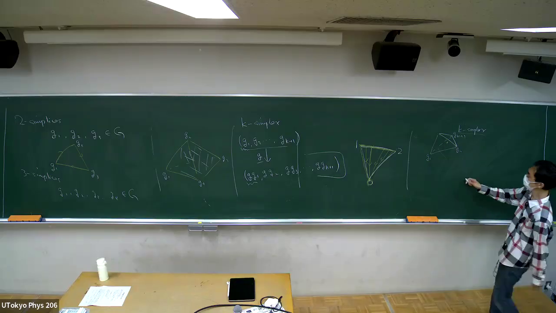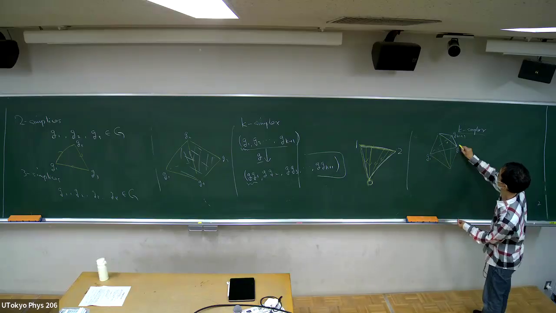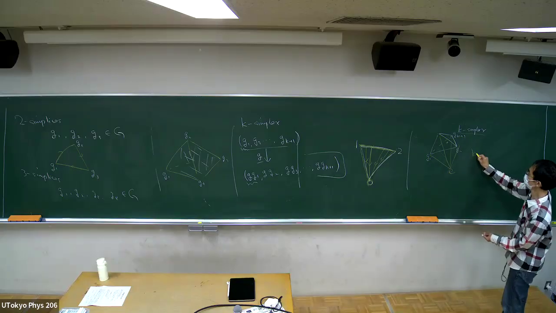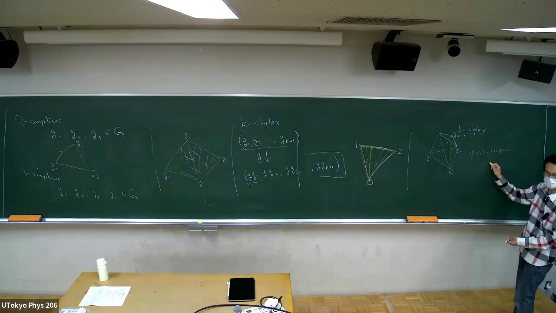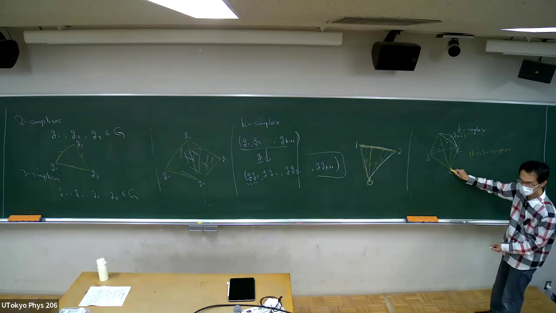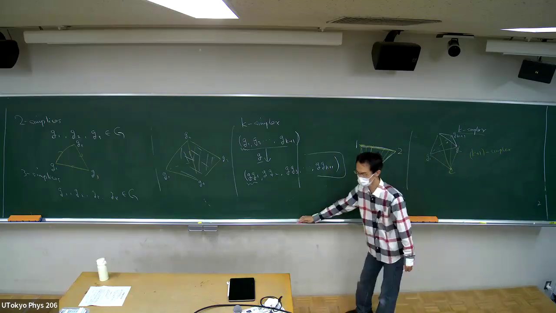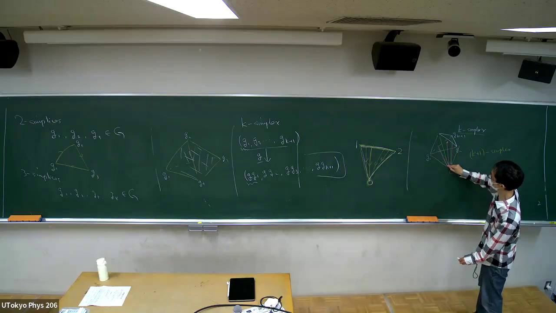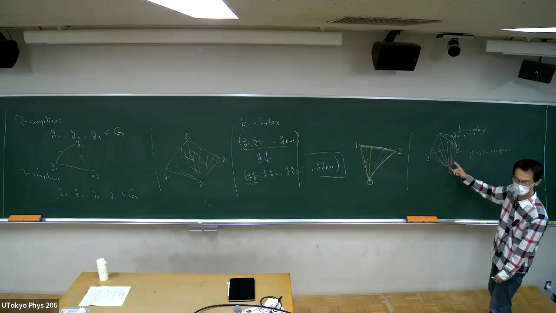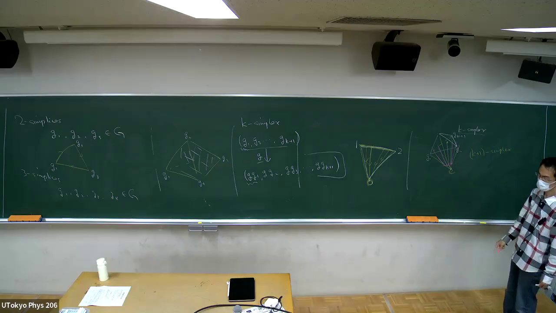But by construction, this is always a face of a K plus 1 simplex with one additional point. Therefore, any point here can be contracted along a straight line inside this K plus 1 simplex.